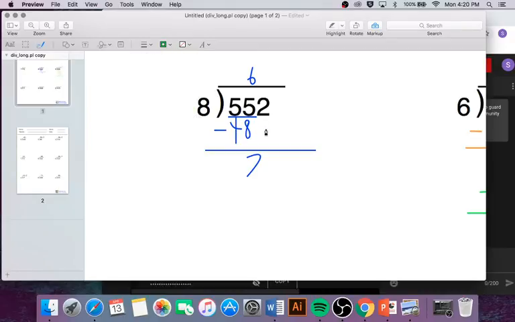I'm going to bring down our next number, which is a 2. And now we need to see how many times 8 goes into 72 without going over. 8 goes into 72 9 times without going over.